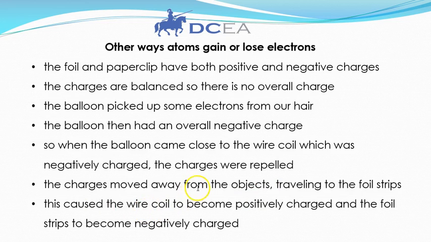The charges moved away from the object, so they traveled to the foil strips, and that caused the wire coil to become positively charged because it had shared its electrons, and the foil strips became negatively charged because they had received electrons.